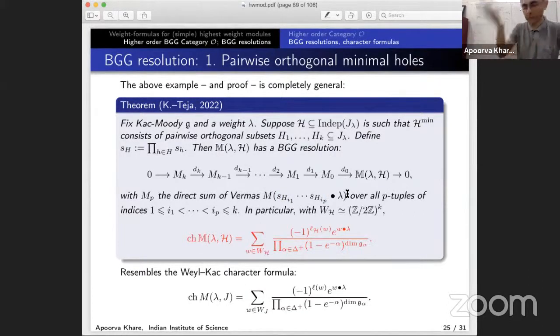And the differential can be written down explicitly because for the Koszul resolution, it has been written down explicitly. In particular, with this Weyl subgroup being Z mod 2Z to the power k, generated by the s_H's, you get exactly this character formula. Again, it's exactly the same thing because it just takes the Euler characteristic of the resolution.